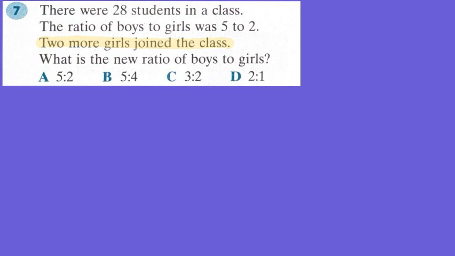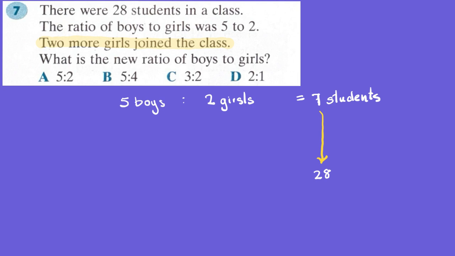It's definitely not 5:4. We have to first figure out how many boys and how many girls there are of the 28 students. So if we've got a ratio of 5 boys to 2 girls, then that makes it altogether how many students? 7 students, okay? Now what we want is 28 students. So to make 28 students, what do you have to multiply 7 by to get to 28?